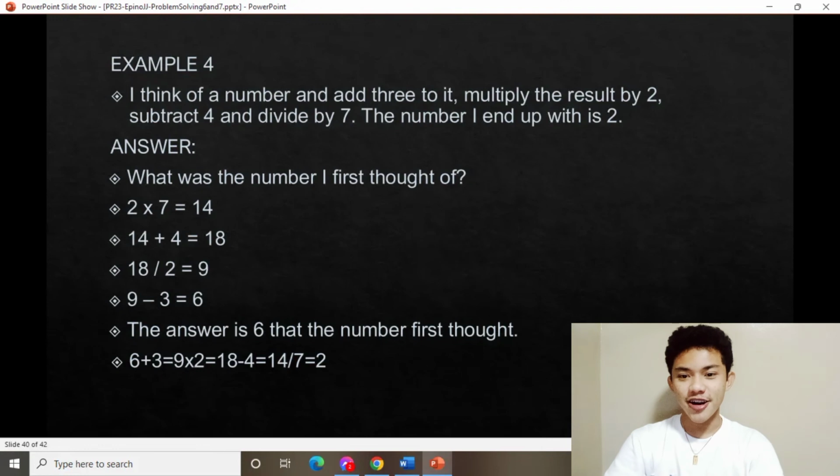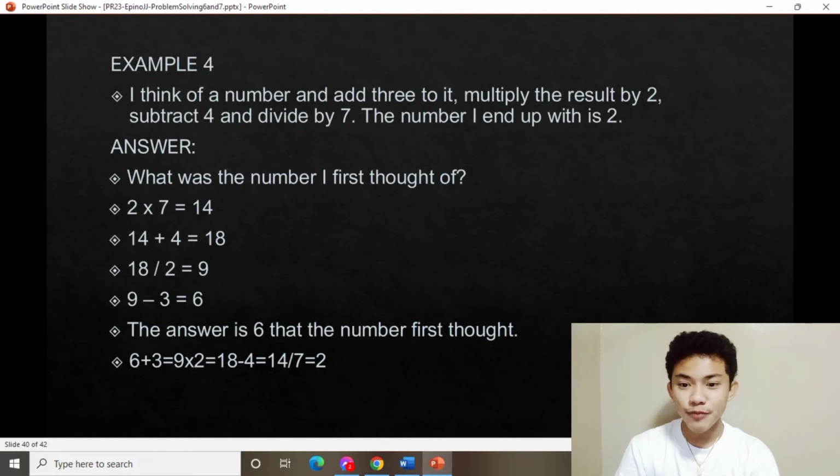Example number 4. I think of a number and add 3 to it. Multiply the result by 2, subtract 4, and divide by 7. The number I end up with is 2. What is the number I first thought of? So, going to the strategy of working backward. 2 times 7 is equal to 14.